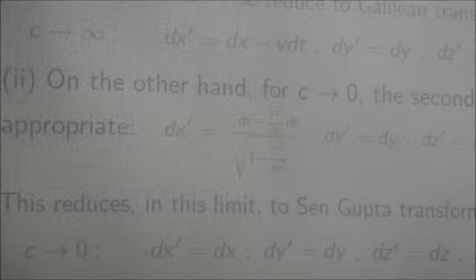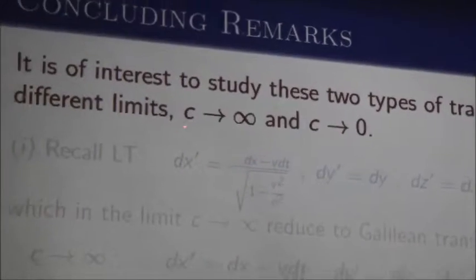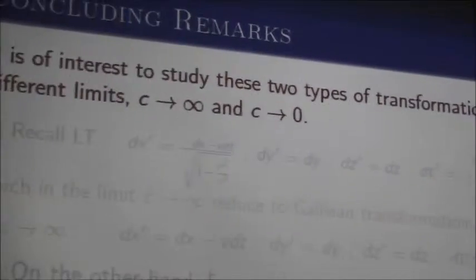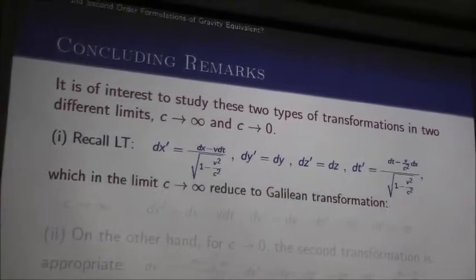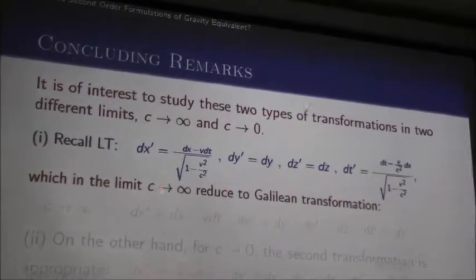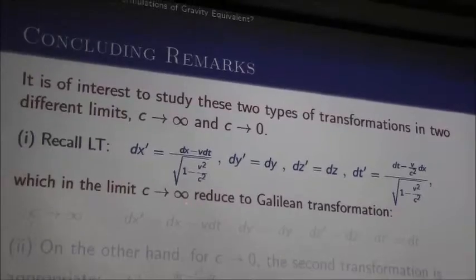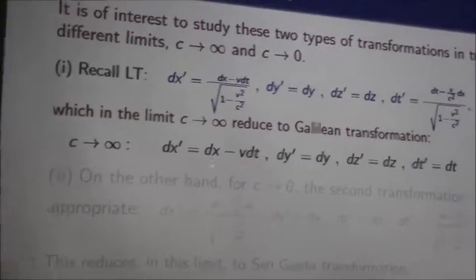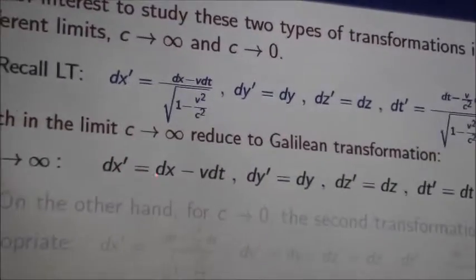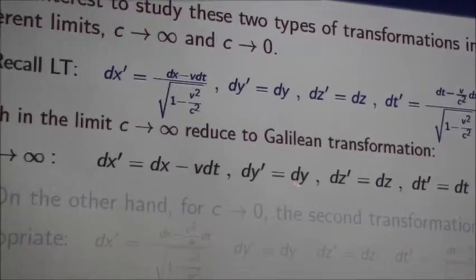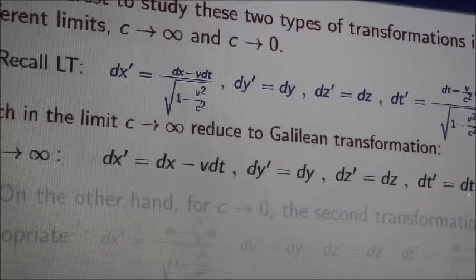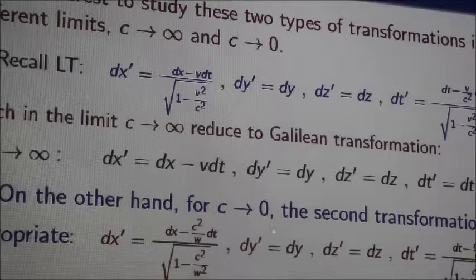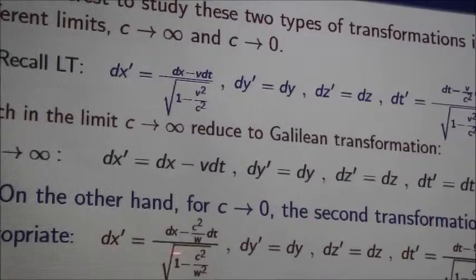Now, it's of interest to study these two types of transformations in the limits c going to infinity and c going to 0. Recall the Lorentz transformations. The c's can be taken to infinity, and they reduce to the standard Galilean transformation: dx prime is dx minus v dt, dy prime is dy, dz prime is dz, dt prime is dt. On the other hand, for c going to 0, it is the second transformation which is appropriate.